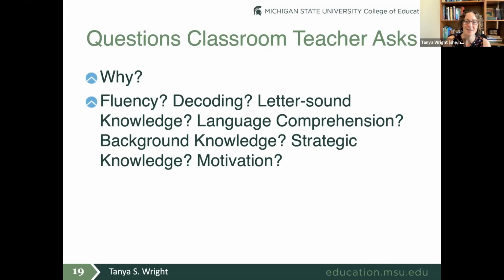Are there strategies that could support the kids? Maybe they weren't particularly motivated to read those texts. And any two kids could have a different set of instructional needs in all of these areas that I would have to figure out in order to know what would be appropriate instruction for the student. So we can't really make any assumptions about what not being able to or finding it challenging to read a grade level text might mean.